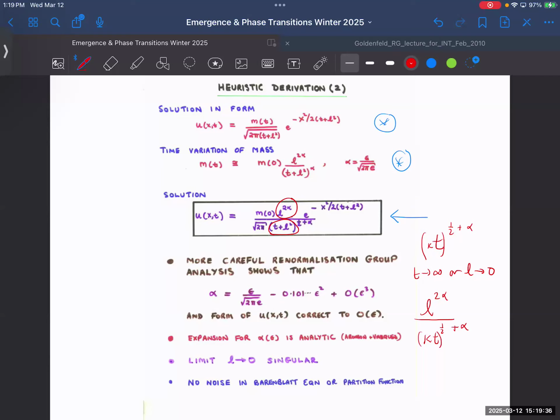That is my long time behavior, and then it's times e to the minus x squared over 2 kappa T plus L squared.